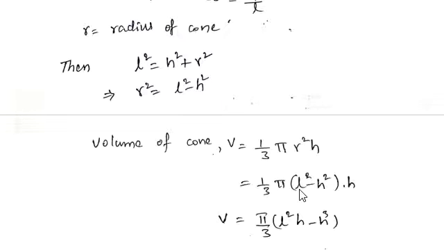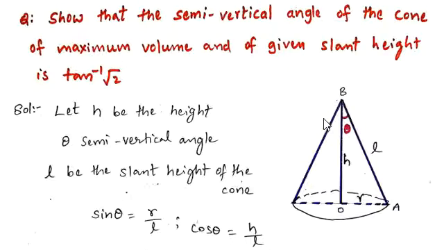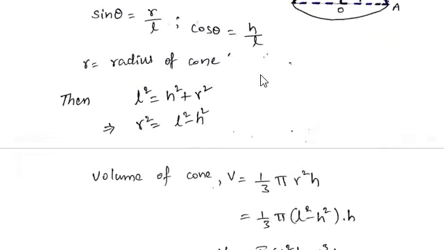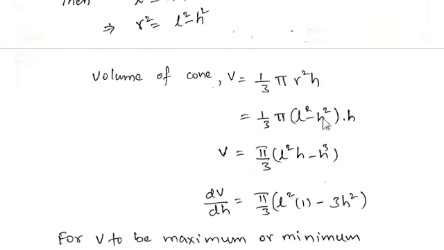Here L is taken as constant, because it is given for a given slant height, so L is treated as constant. If you simplify, it is pi by 3 multiplied with h, that is pi by 3 into L square h minus h cube.